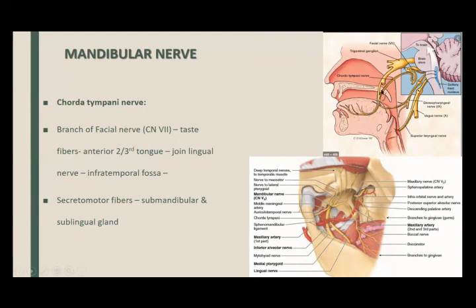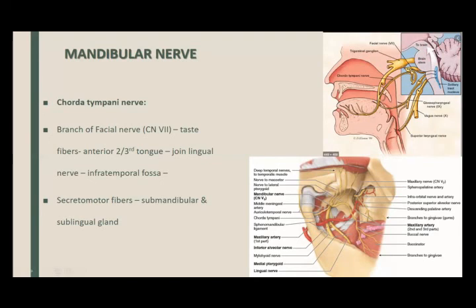So the chorda tympani fibers contain taste fibers from the anterior 2/3. The taste fibers of the anterior 2/3 of the tongue run in the chorda tympani, which accompanies the lingual nerve, then leaves the lingual nerve and joins the facial nerve.